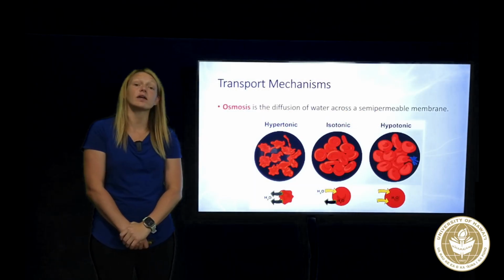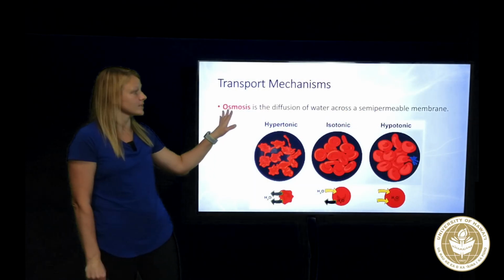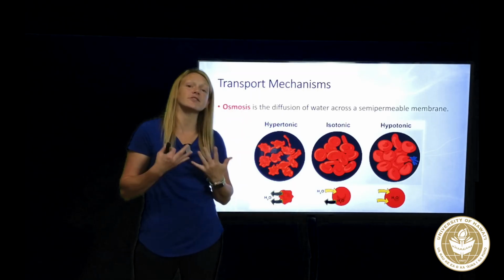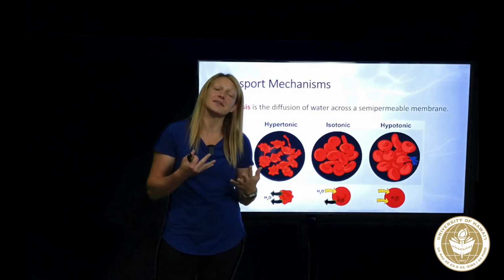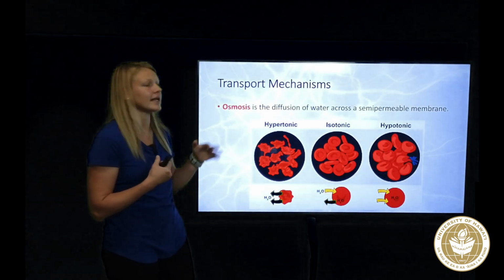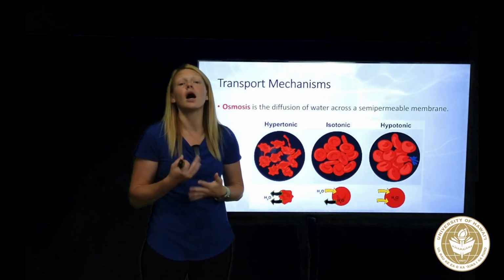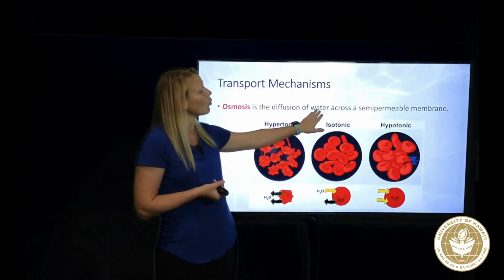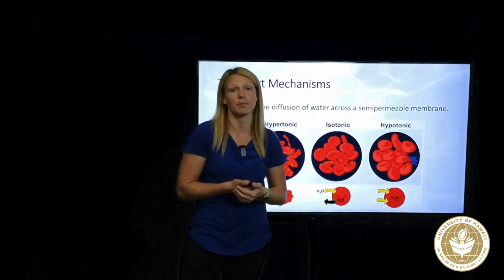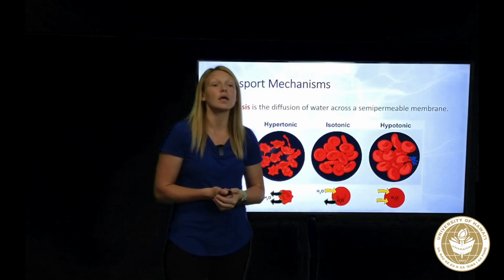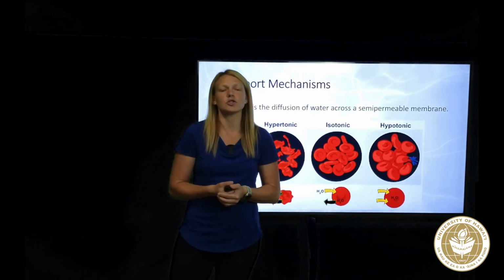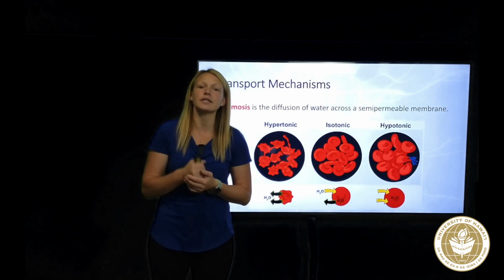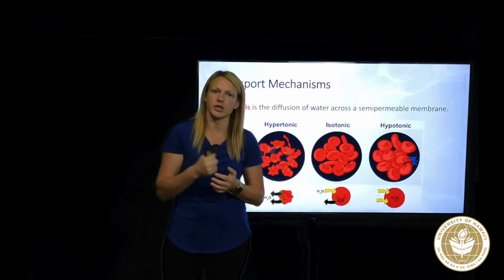Next, we have the passive transport of osmosis. Osmosis is very similar to simple diffusion. The only real difference is that osmosis is not the diffusion of solutes. Osmosis is the diffusion of water across that semi-permeable membrane. So water is also going to want to flow in a way to equal out that concentration gradient.